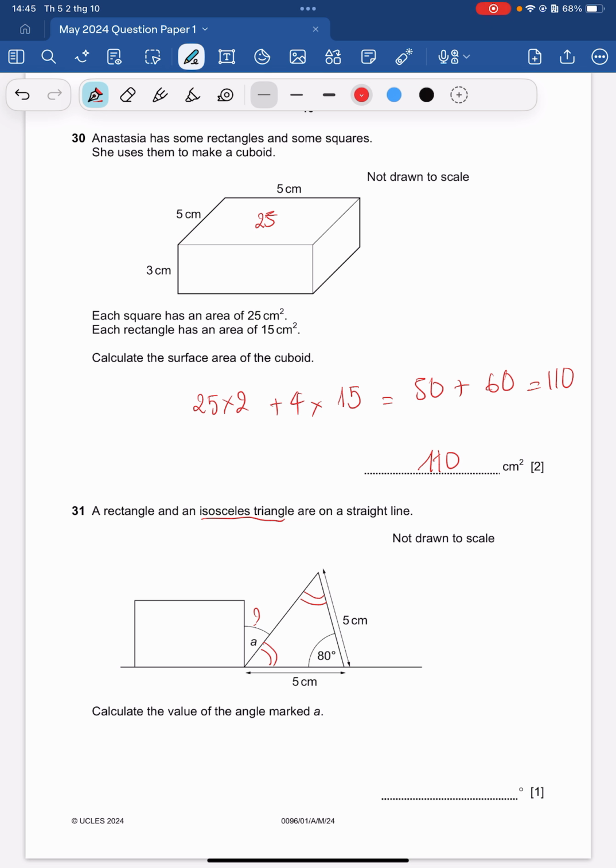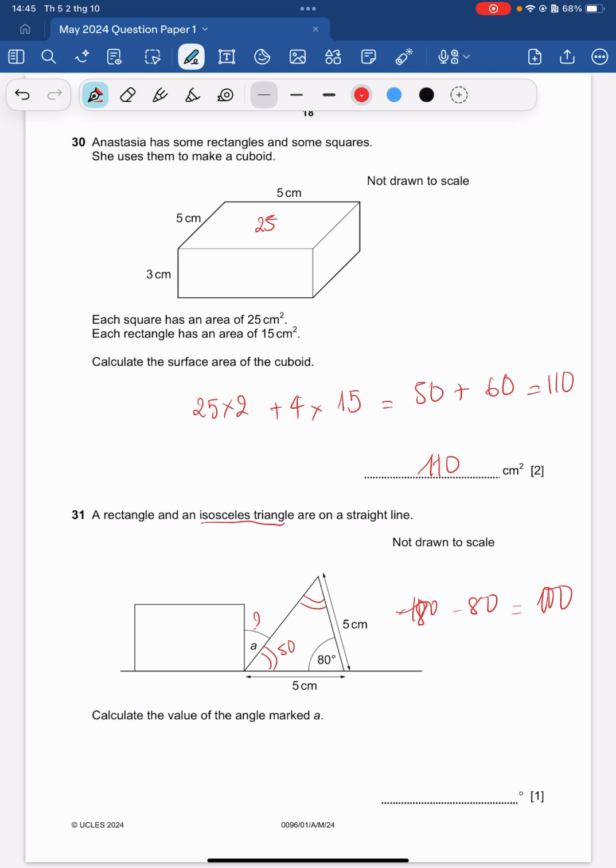So 180 subtract 80, because the total in one triangle is only 180, right? So the sum of them is 100, so each one will be 50.